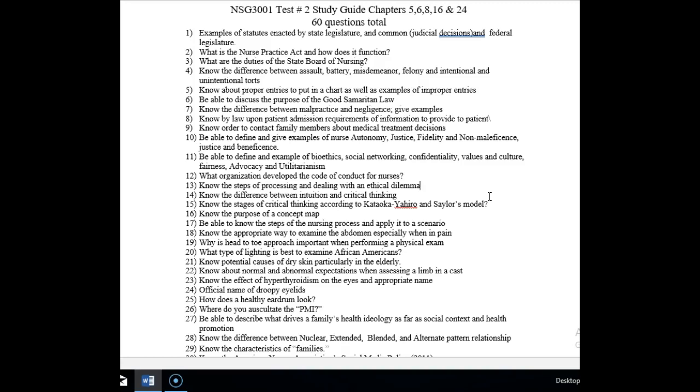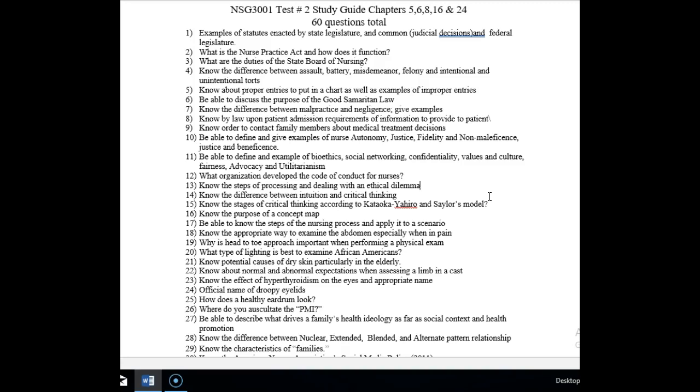Is this an ethical dilemma? Step two, you're going to gather all the relevant information in the case. Three, you're going to examine and determine how your own values and opinions about the issues fit in, because you have to always think about being fair in most situations.